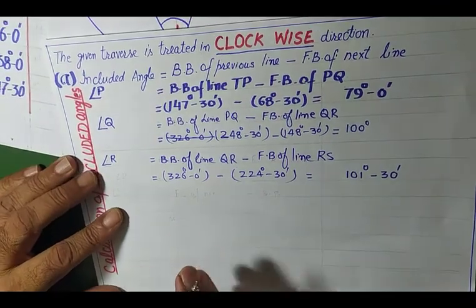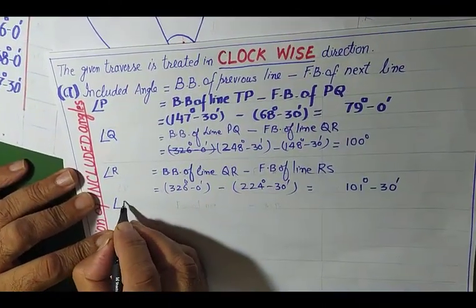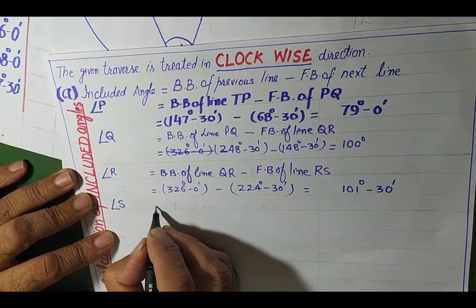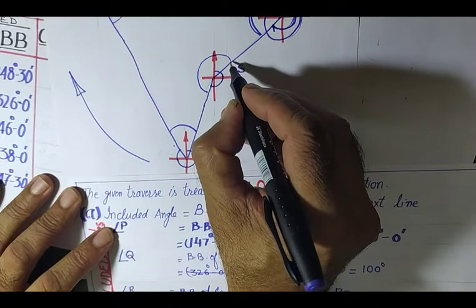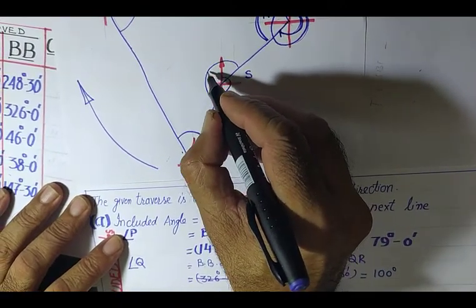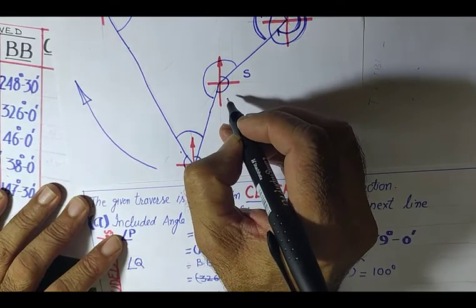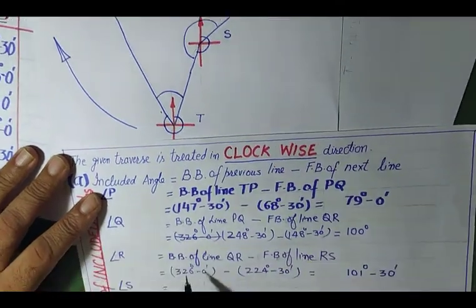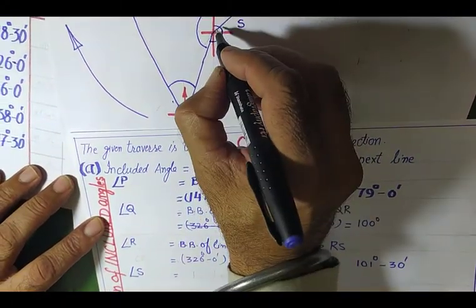Then similarly we can calculate the angle S. Here you can see from the sketch that this seems to be an angle more than 180 degrees. It is the external angle, more than 180. Again the formula will be the same.